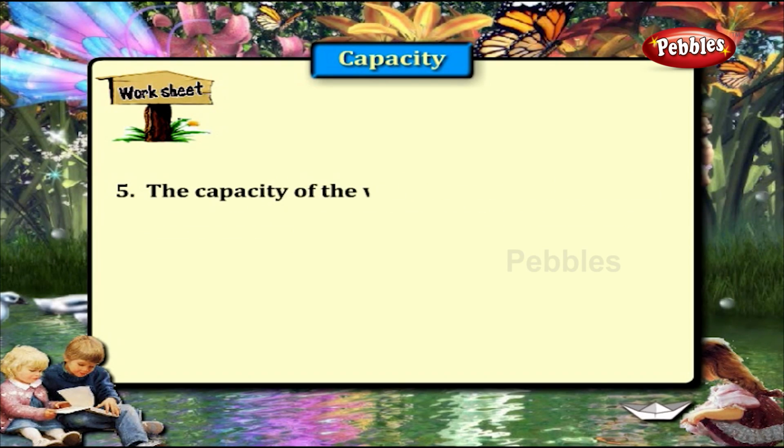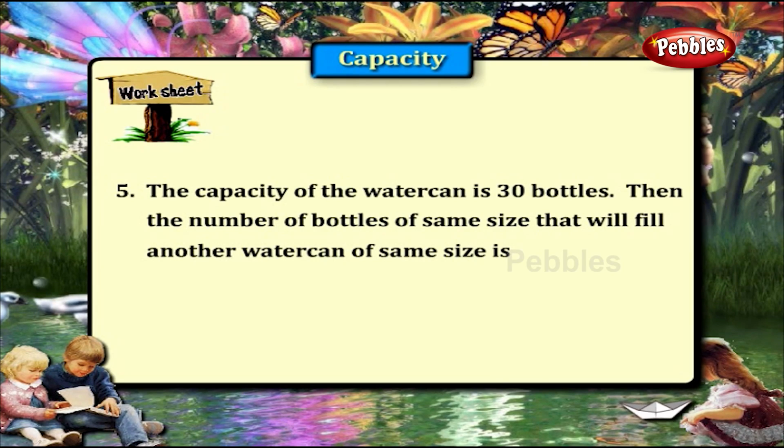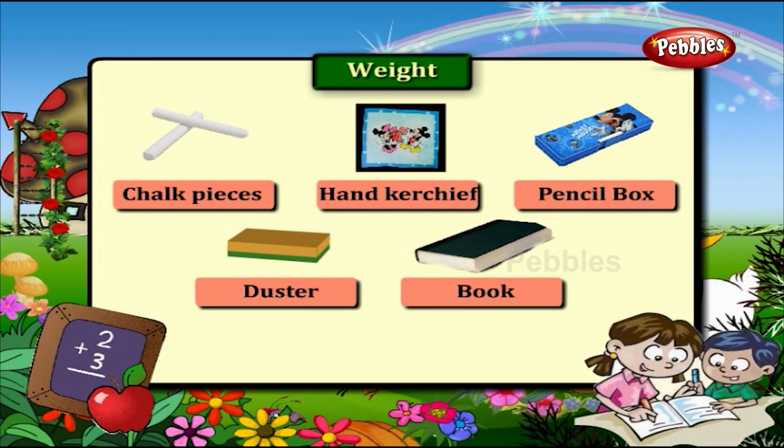The capacity of the water can is 30 bottles. Then the number of bottles of the same size that will fill another water can of the same size is 30 bottles.